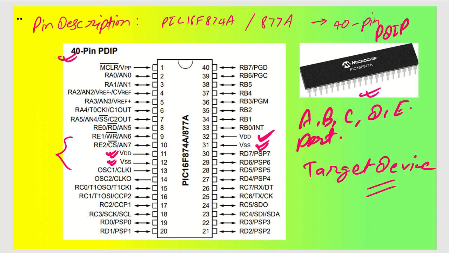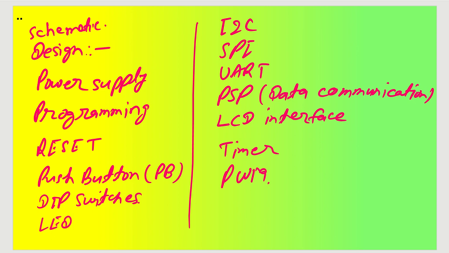Okay, so let me point out what are the different peripherals or different circuits that we'll be designing in this. So first of all we'll be seeing what is the power supply, how we can design it, what will be the programming techniques, what are the reset switches and all. We'll put some user push buttons, dip switches, LEDs for our normal applications.